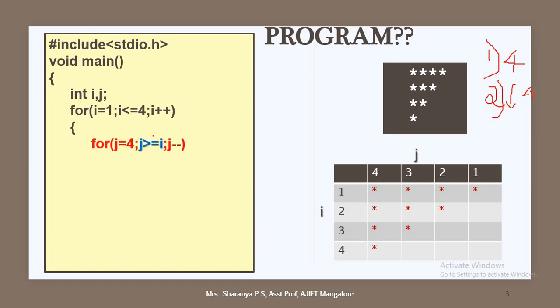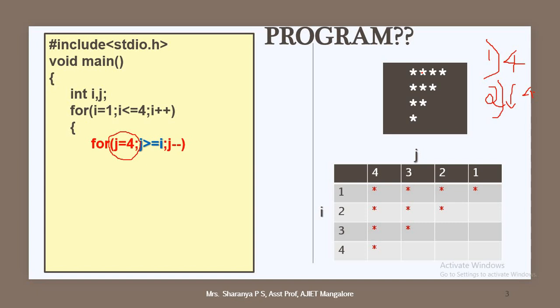So the next condition here: first, we can observe there are a total of 4 stars printing. As I mentioned, j will begin with 4 now. And what is the condition? It will run parallel to i.